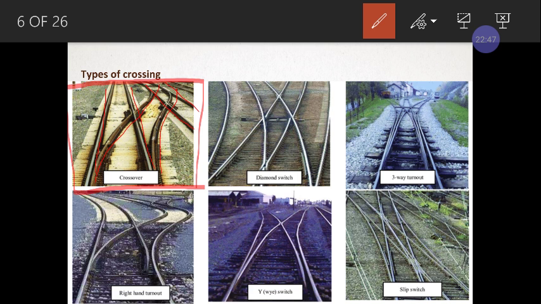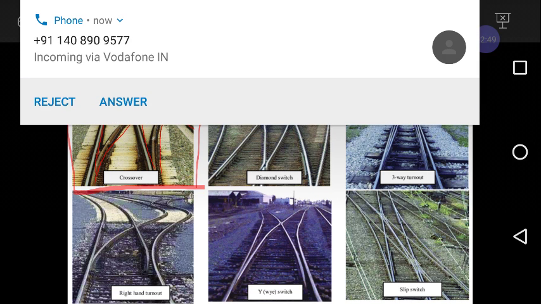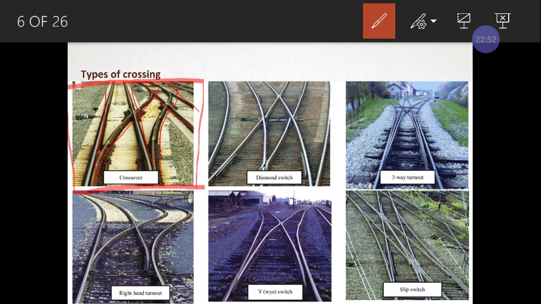In this case, the train will approach in only one direction. If the train is moving in this direction, then from the opposite direction there can't be any other train coming in. So at a time only one train can deviate its path. So this is what your crossover is.